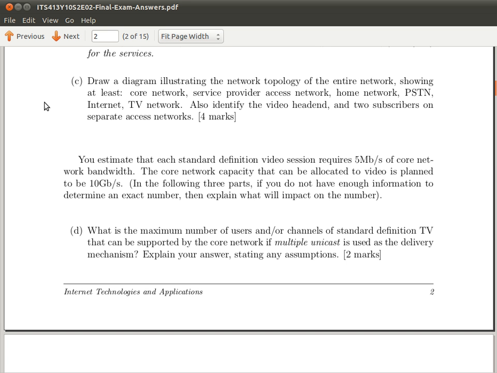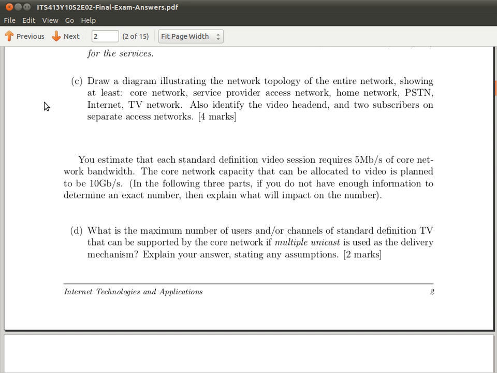We have one video taking up 5 megabits per second. We have a capacity of 10,000. If we use multiple unicast to deliver from the TV station to the users, you either need to give me the maximum number of users or the maximum number of channels.